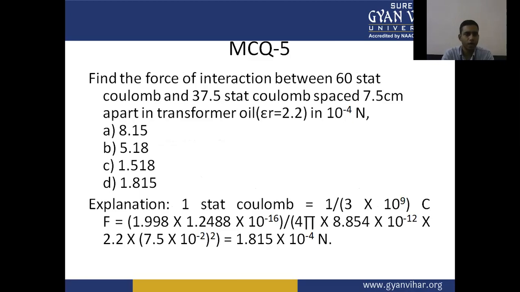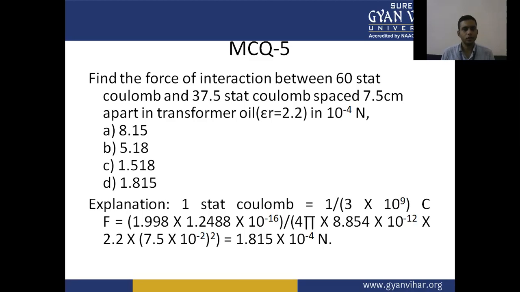Next question: find the force of interaction between 60 statcoulombs and 37.8 statcoulombs spaced 7.5 centimeters apart in transformer oil, epsilon R equal to 2.2, in 10 to the power 4 Newton. A 8.15, B 5.18, C 1.518, D 1.815. 1 statcoulomb is equal to 1 upon 3 into 10 to the power 9 coulomb.